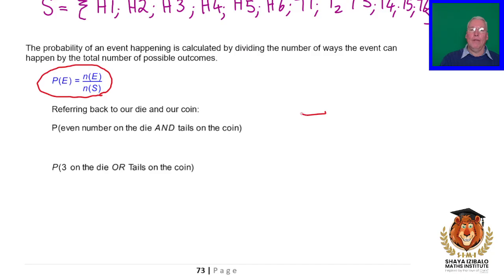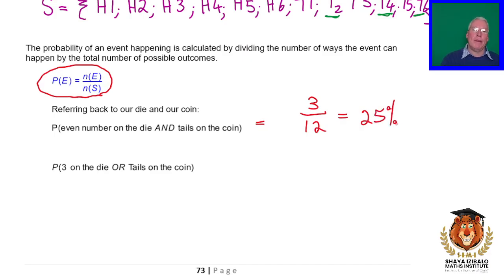So out of our 12 things that can happen, how many of them satisfy even on the die and tails on the coin? Well, let's just have a look. It's obviously this one over here, T2. It's also T4 and it's T6. So our final answer is going to be 3 out of 12, or we could write it as 1/4, or we could even write it as 25%.